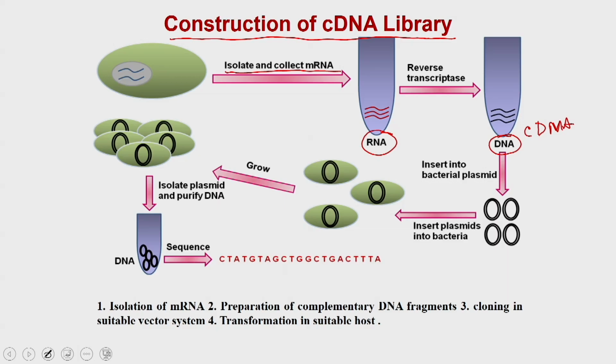So, from the RNA you will generate the DNA with the help of the enzyme called reverse transcriptase. Then once you have the double stranded DNA, you insert this DNA into a plasmid or a vector of suitable carrying capacity, and then you do the transformation.